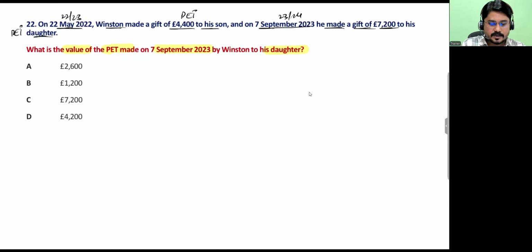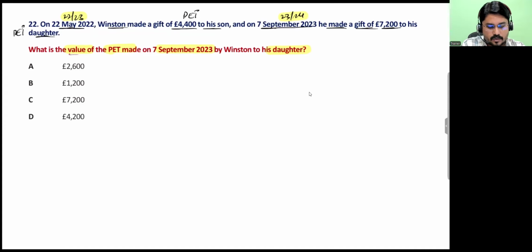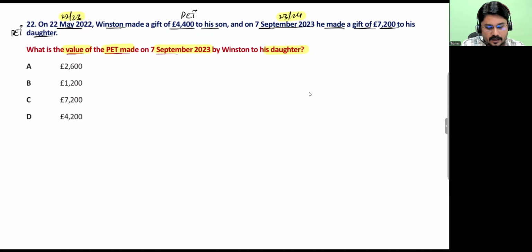The person has made two transfers in two different years. One asset is transferred in the first fiscal year, and the second asset is transferred in fiscal year 23-24. The examiner is asking to calculate the value of the PET for the asset made on this date, which means the PET made in fiscal year 23-24.